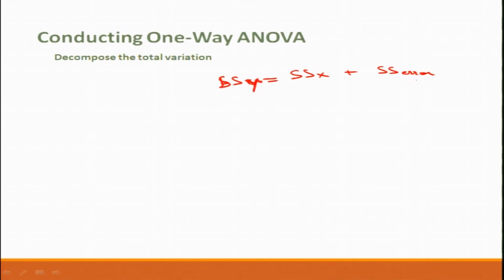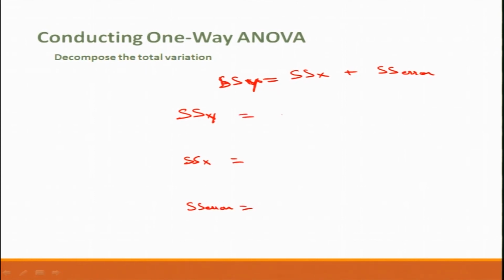SS error is the variation in Y related to the variation within each category of X. SS within is not accounted by X, but it is within the category. Therefore, it is known as SS error here. So, SS total is equal to SSX plus SS error.